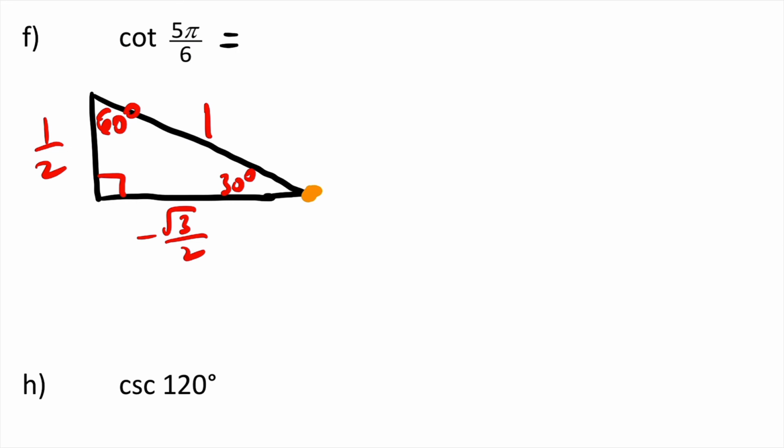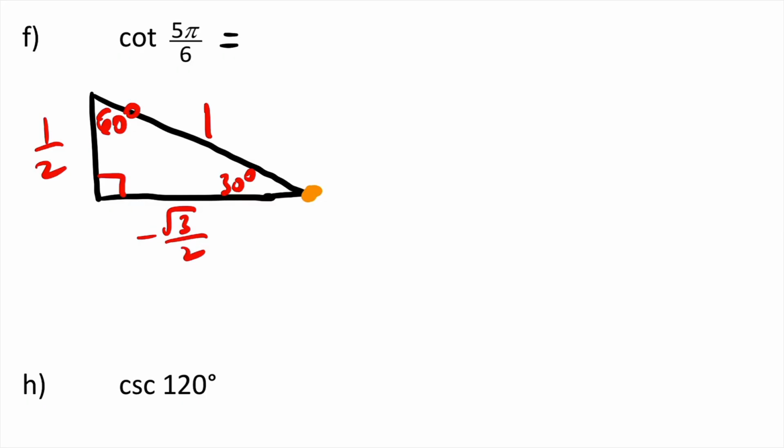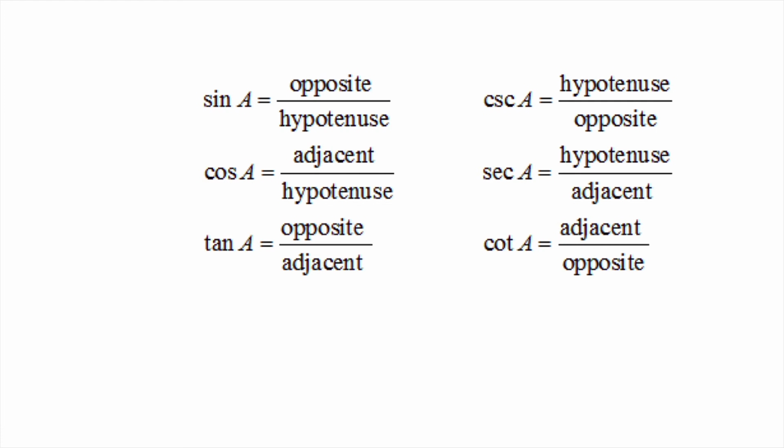Step 2 done. Step 3, find the trig ratio. This one's cotangent. Cotangent is adjacent over opposite. Sorry. Let me see. It's in quadrant 2, right? No, because I went up. So the y is going to be positive. X is negative, y is positive. Okay, so cotangent is adjacent over opposite.